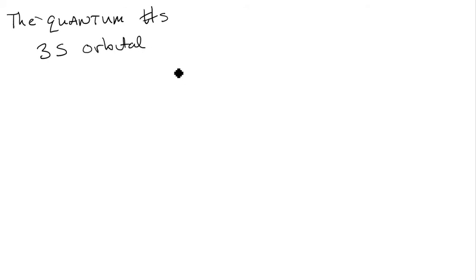What are the quantum numbers for that electron, one electron in a 3s orbital? So you're going to want to know what 3 means and what s means. And those refer to quantum numbers.